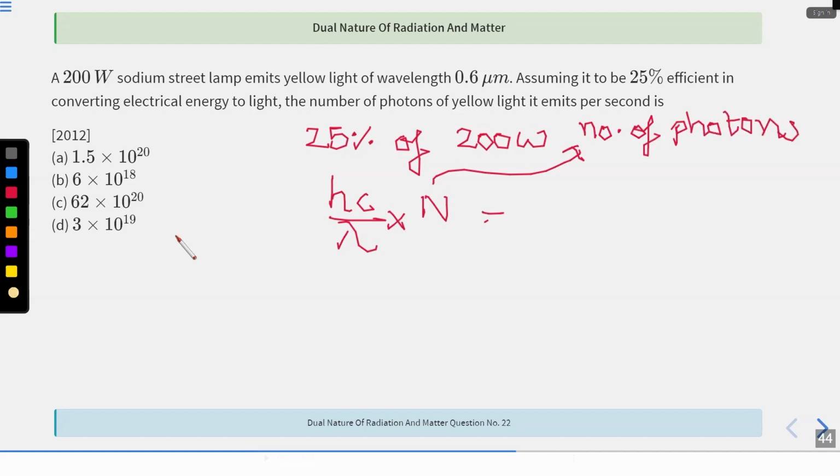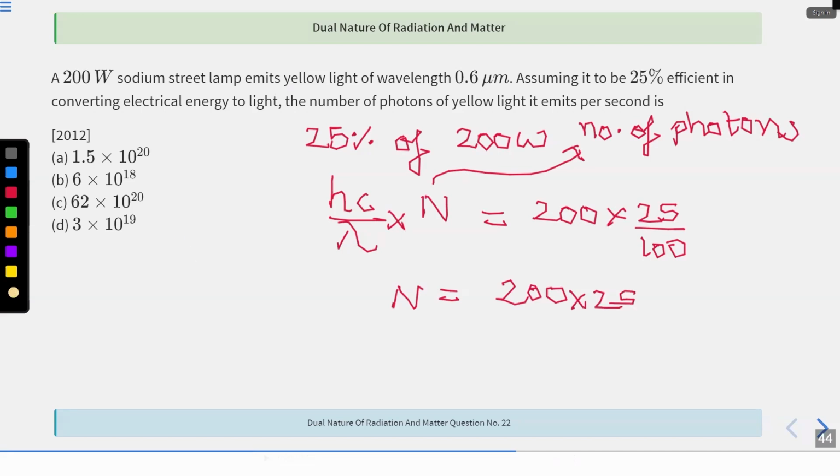And that will be equal to 200 into 25% of it, right? So 25 by 100. Yes. So with this, I'll get my n to be 200 into 25 by 100 into lambda by hc.